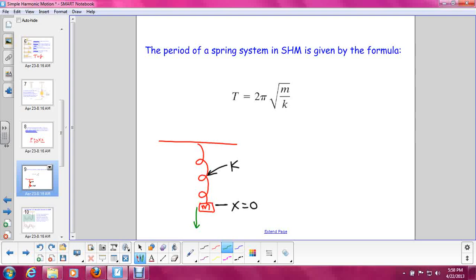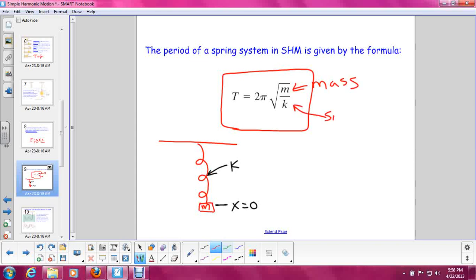So when I let go of it, it would bob up and down in simple harmonic motion. If I wanted to figure out how long the period was for this, I could set it up experimentally and time it, or I can use this equation. Period is equal to 2 pi times the square root of the mass over the spring constant.